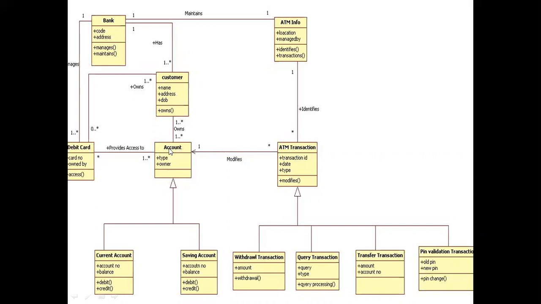In the ATM machine, the machine is maintained by the bank, the customer has an account number, the customer has a debit card, and the account has some ATM transactions.